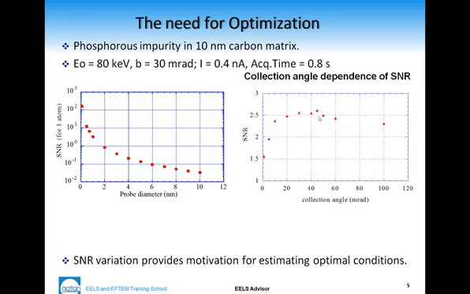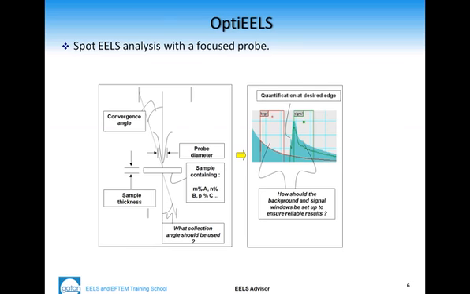It seems to plateau, maybe diminishes a little bit as we go up to higher collection angles. So the signal-to-noise ratio variation provides a motivation for estimating the optimal conditions for EELS acquisition. And that is the basis of OptiEELS.